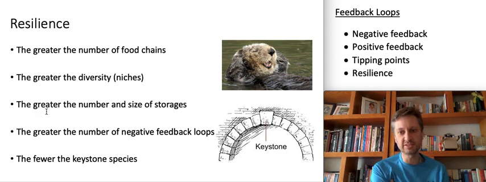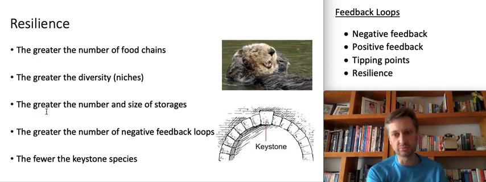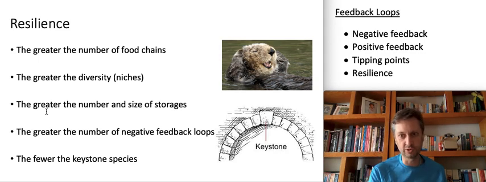Okay, if you have greater storage, so a greater number of storages or greater storage in general, the system, quite obviously, can last longer under certain conditions without going to a new equilibrium. So we're talking here about storage of energy and matter. The greater the storage, the more resilient the system.